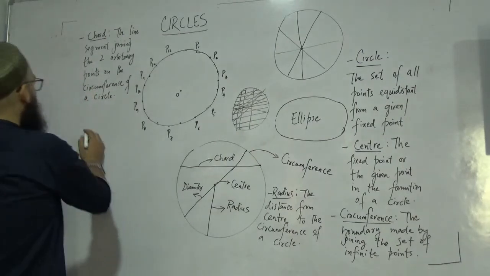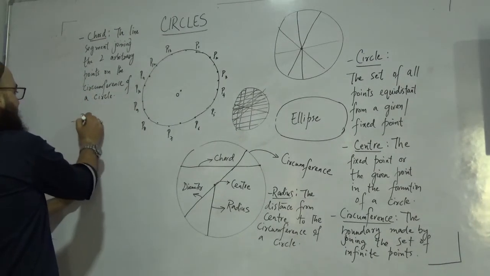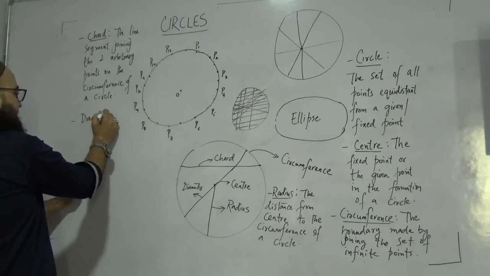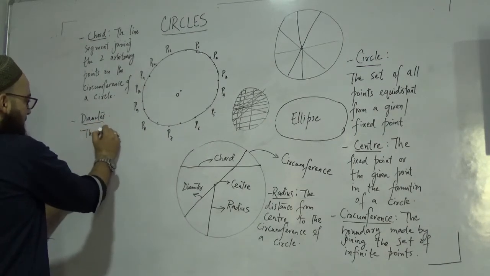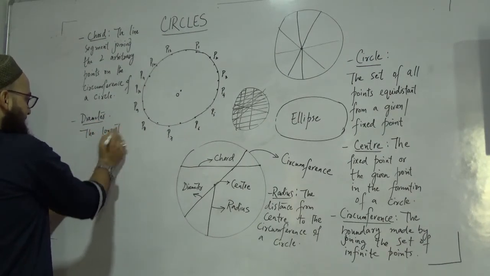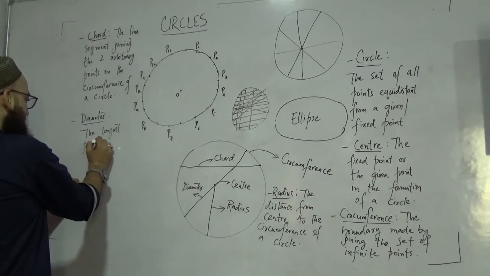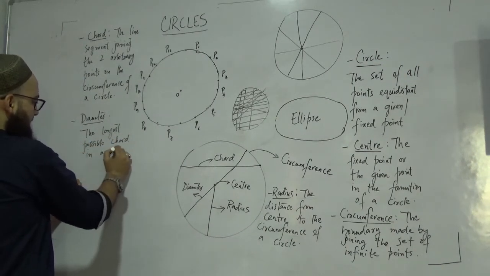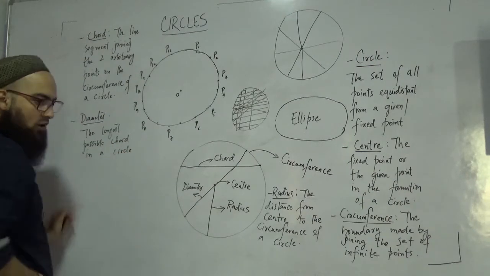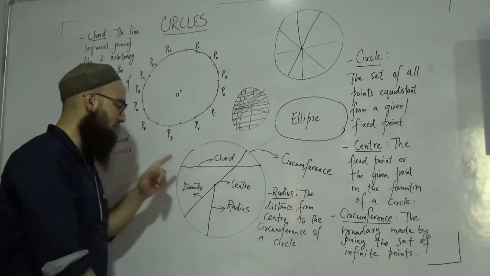So we have one more definition, that is diameter. And what's diameter? The longest possible chord in a circle is called the diameter of the circle.